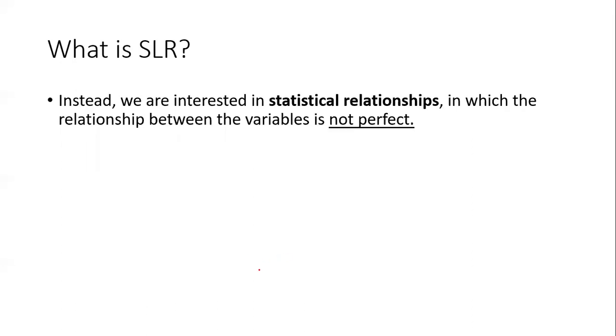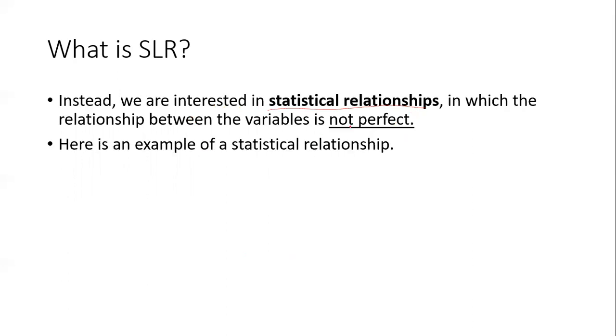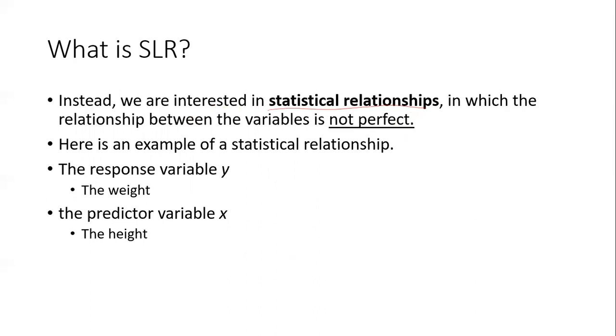But in statistics, of course, we're interested in statistical relationships. What does it mean? Well, the relationship between variables is not perfect. So, for example, let's look at this one. The response variable, or the dependent variable, is y. It's the weight. That's something I use in my courses most of the time. This is a good example, I guess. And the predictor variable is the height.